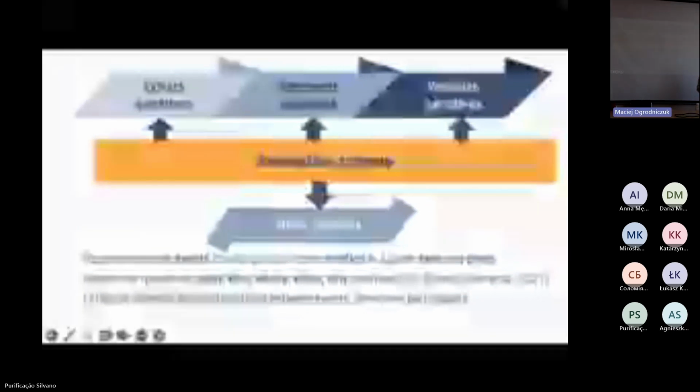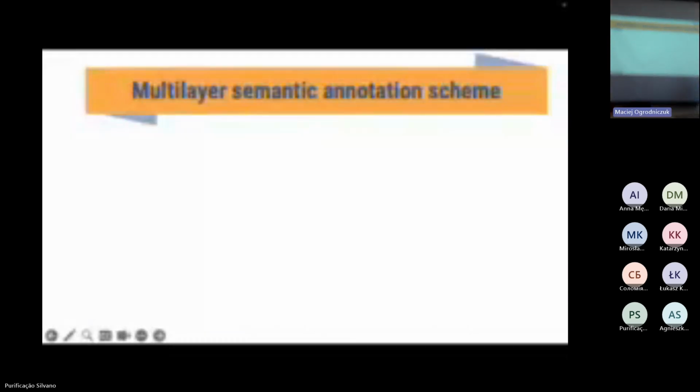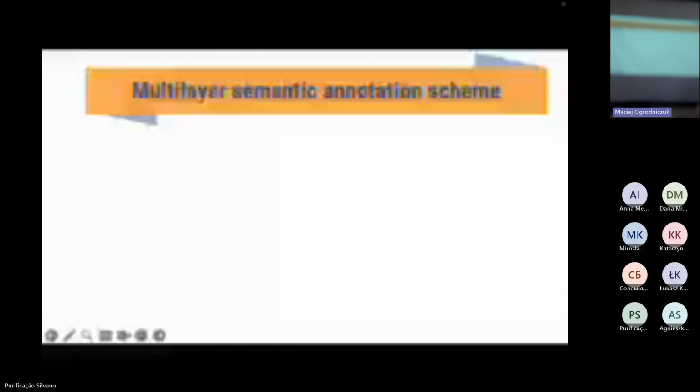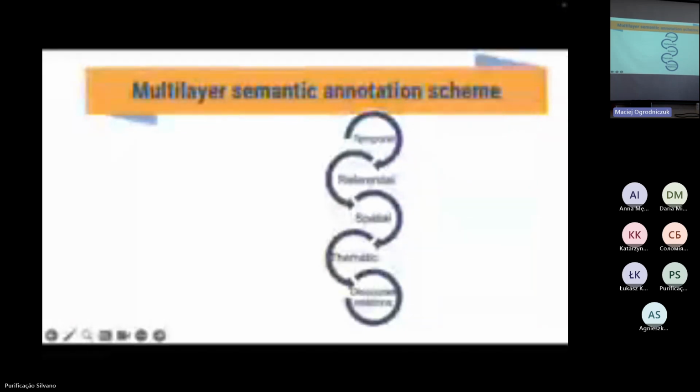So we had to develop a multi-layer semantic annotation scheme, taking into consideration the main features of news and the information that we needed annotated, so that later on we could extract it automatically. For that, we had to combine different layers, right? Because we had the temporal layer, the referential layer, the spatial layer, the semantic role layer, and discourse relations.